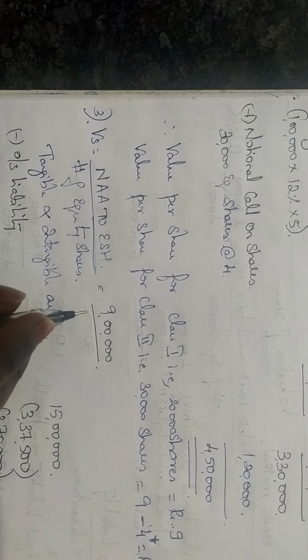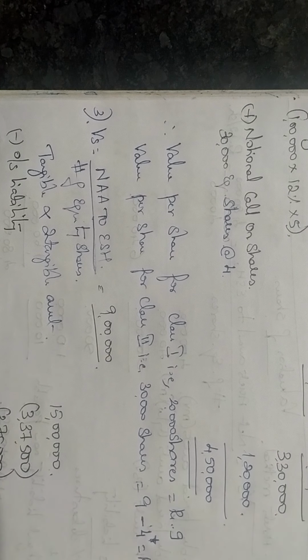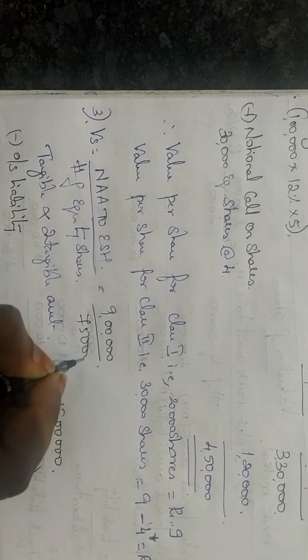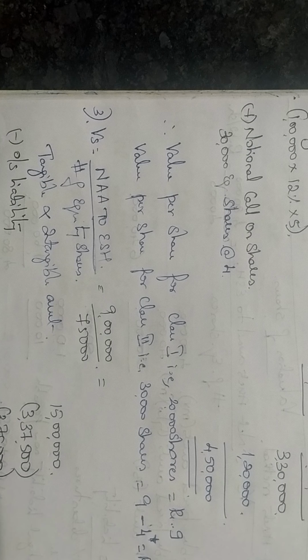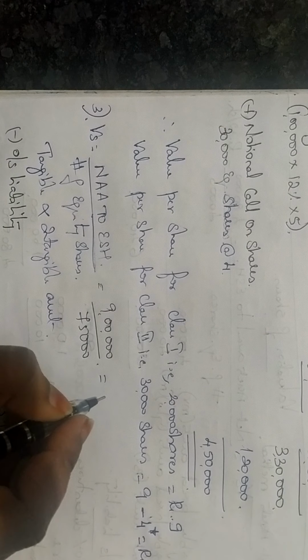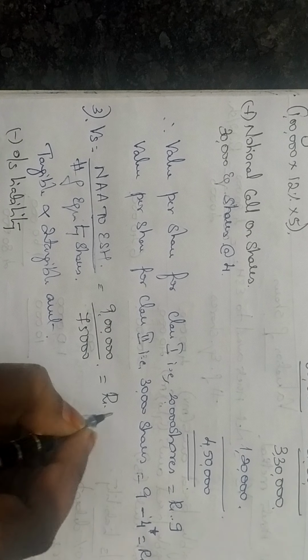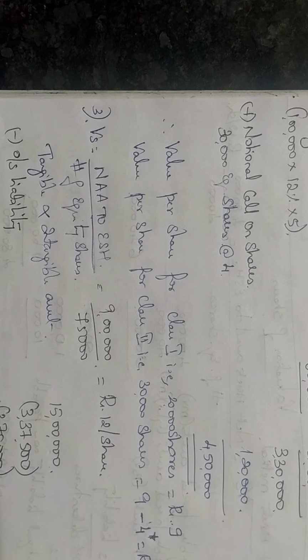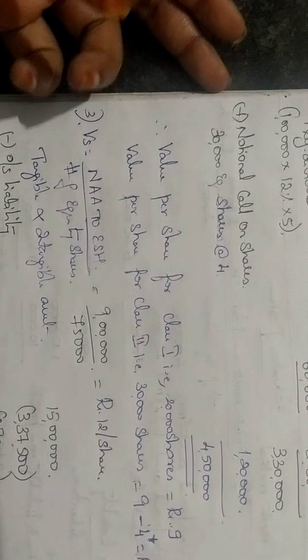So 45,000 plus 30,000, you get 75,000. So the value of your share is 9 lakh divided by 75,000, which is rupees 12 per share.